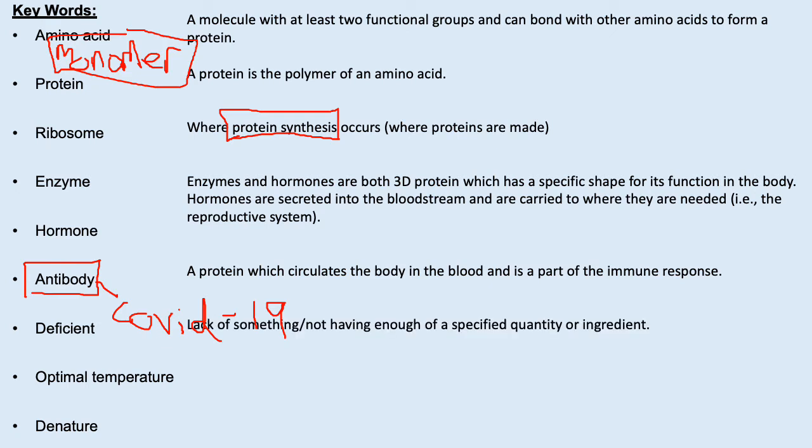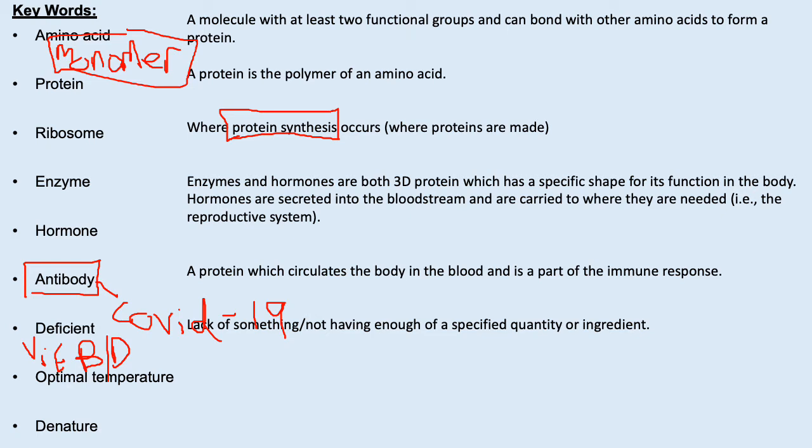Deficient is the lack of something. So you don't have enough of a specified quantity or ingredient. You often hear vitamin D deficiency. You also have vitamin B2, which can cause a disease called beriberi. That is a really horrible disease, and it can potentially lead to death.